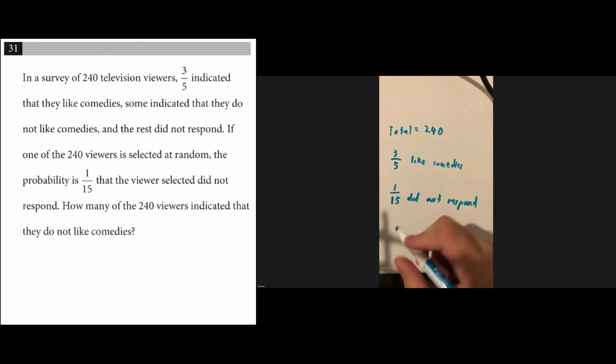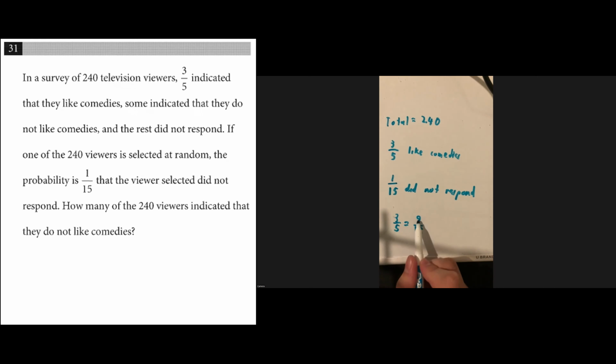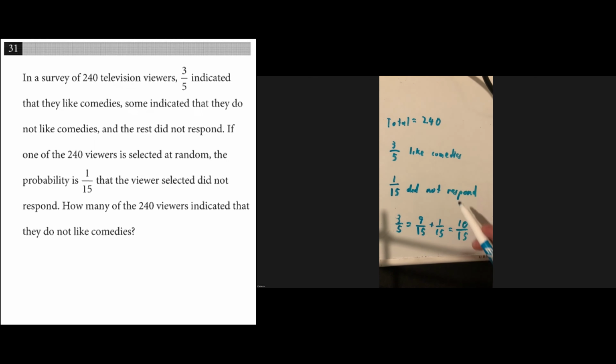And so 3/5 is the same thing as 9/15. I just multiplied the top by 3 and the bottom by 3, and then we add it to the 1/15, which gets us 10/15 that like comedies or did not respond, which means that the rest of the people said that they did not like comedies.